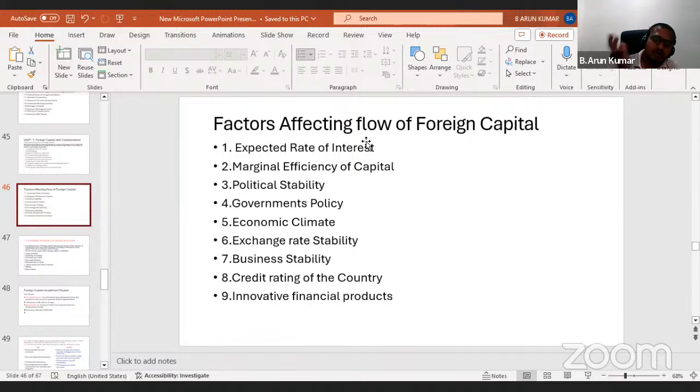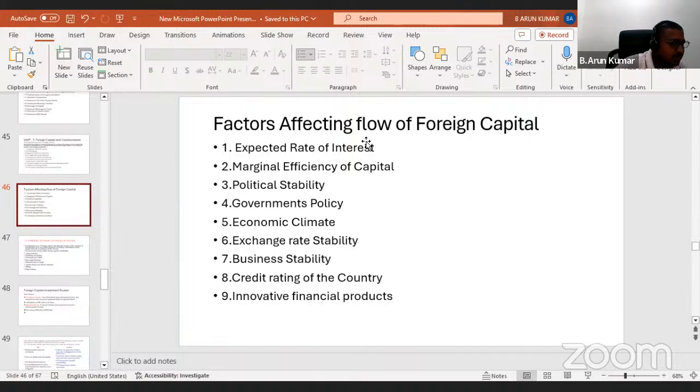So compared to developed nations, developing nations are giving more rate of interest. That's the reason foreign countries show interest in investing in developing nations like India or Bangladesh, because they get more rate of interest than in low-yielding countries.